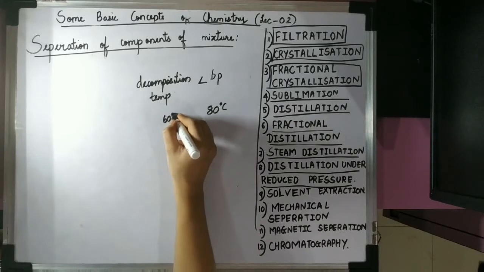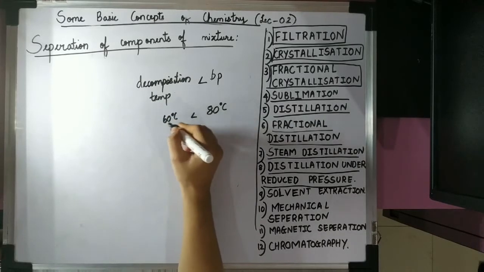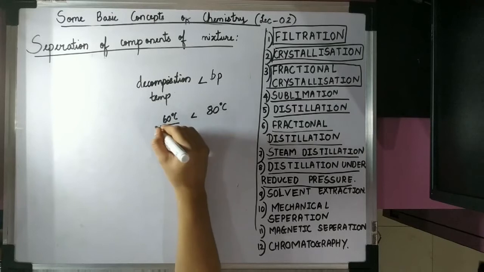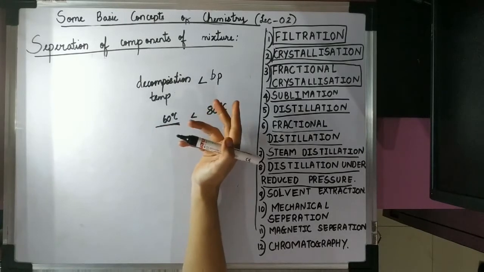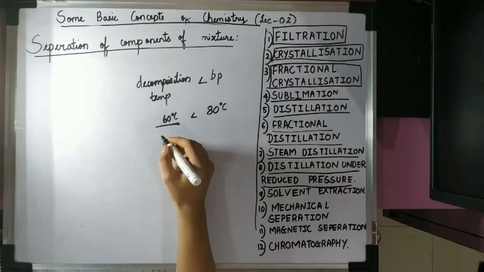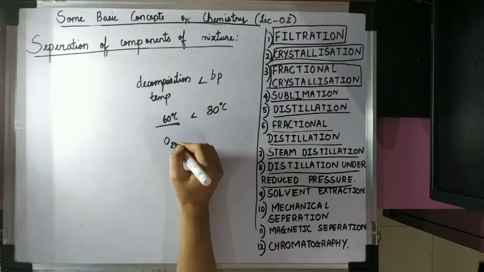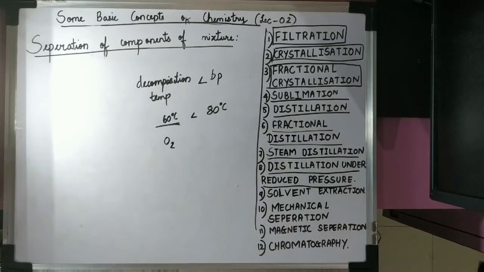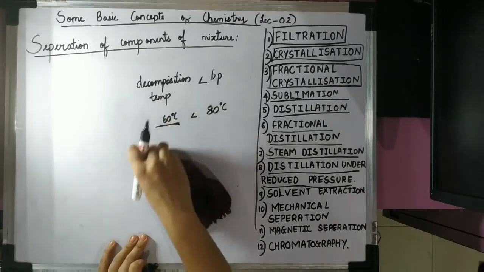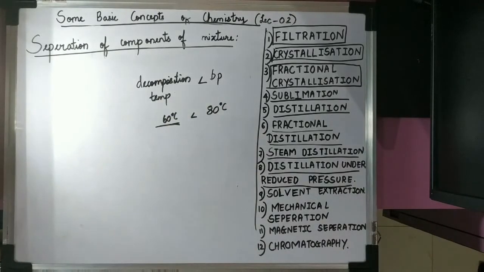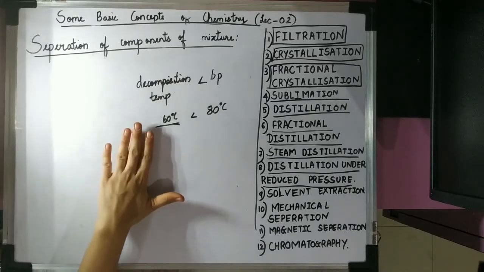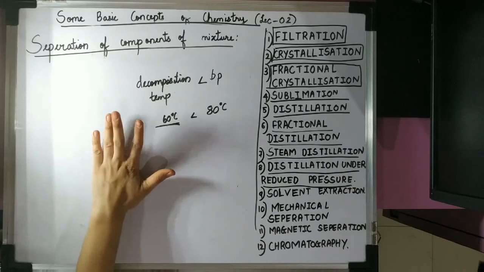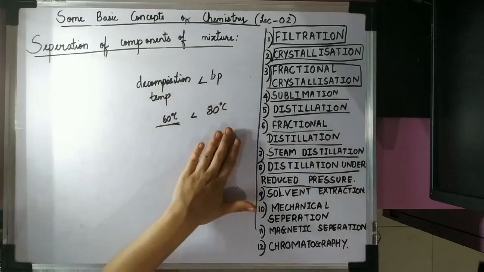So even before reaching 80 degrees Celsius, it will decompose. Decompose means it can react with oxygen or with other substances, or it can itself get decomposed into some other substance, and it will not remain the same substance which we are actually trying to separate, right? So for such conditions, where the decomposition temperature is lower than the boiling point, we use distillation under reduced pressure.